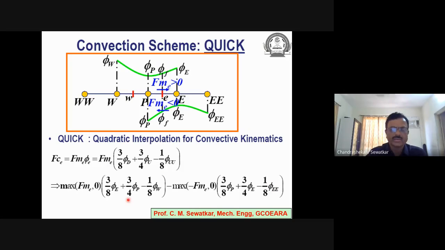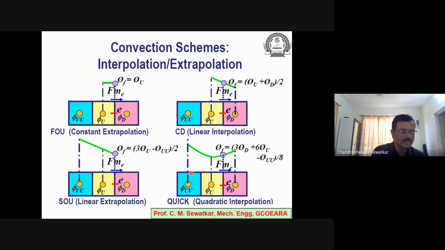And then again, I can use the library function maximum to omit one of the terms and retain one of the terms. So this is the implementation of QUICK convection scheme.